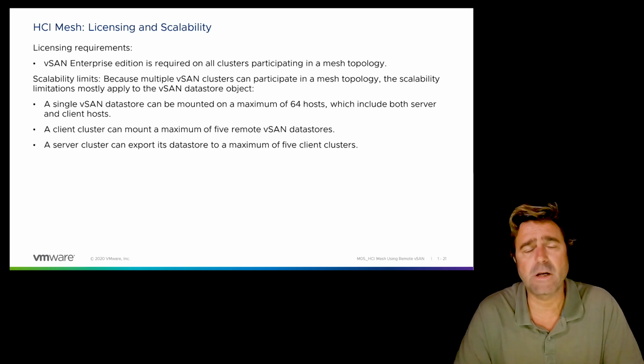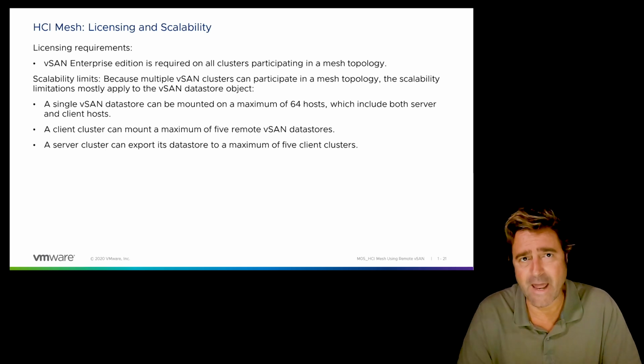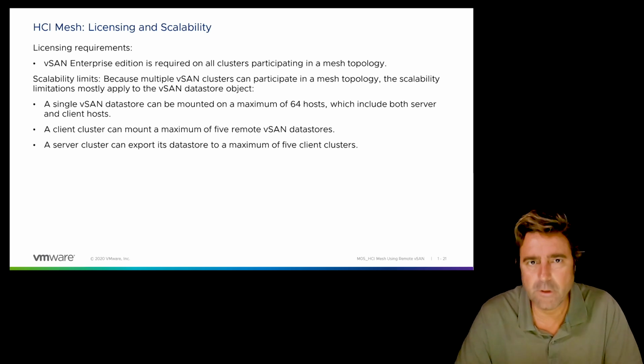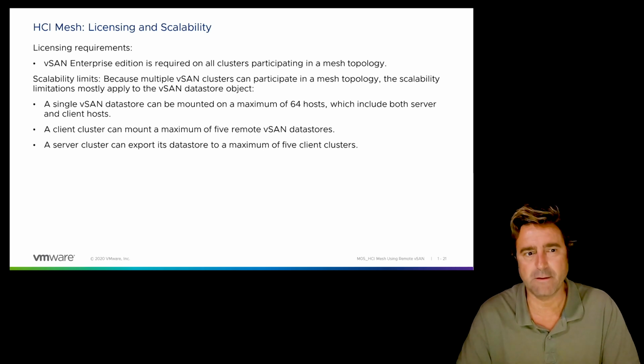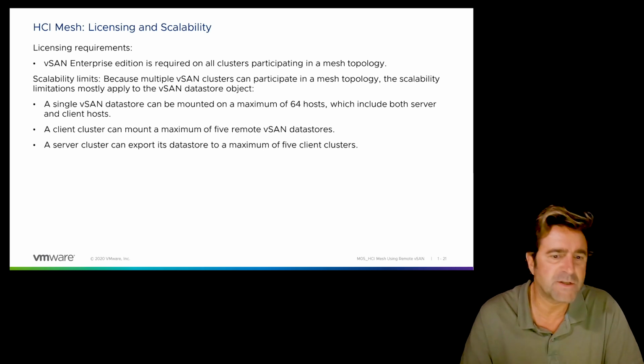So here again, we're talking about licensing. So when it comes to this, I've mentioned that I can mount your vSAN data store, you can mount mine. But you probably know that we offer different licenses when it comes to virtual SAN. Notice at the very top, we tell you what license you need.